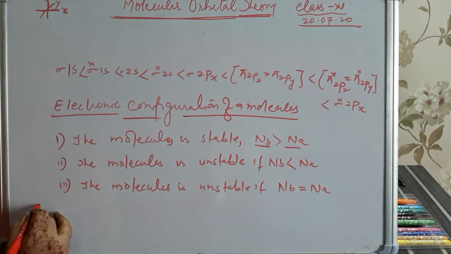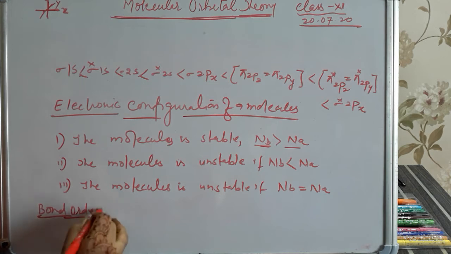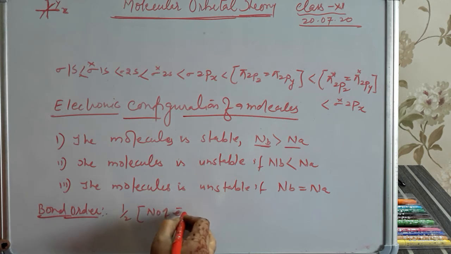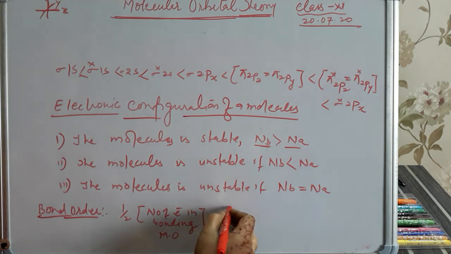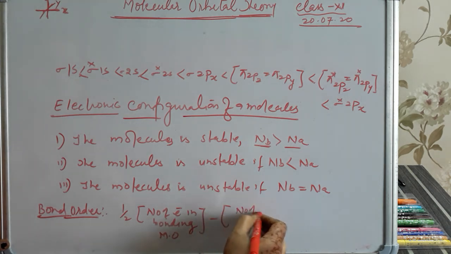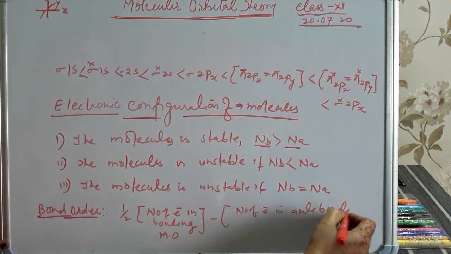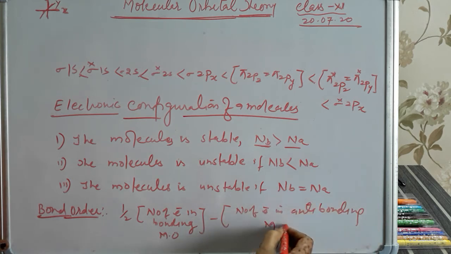And next, bond order. How can we find out the bond order of the molecules? It may be defined as half of the number of electrons in bonding molecular orbital minus the number of electrons in anti-bonding molecular orbital.